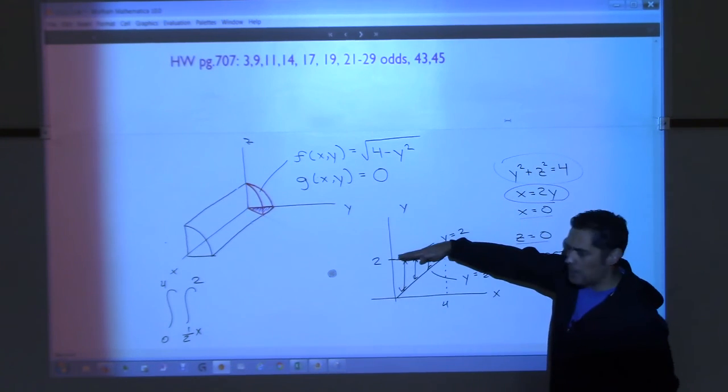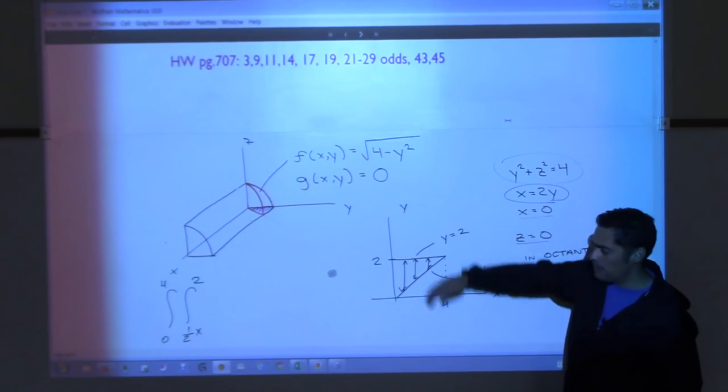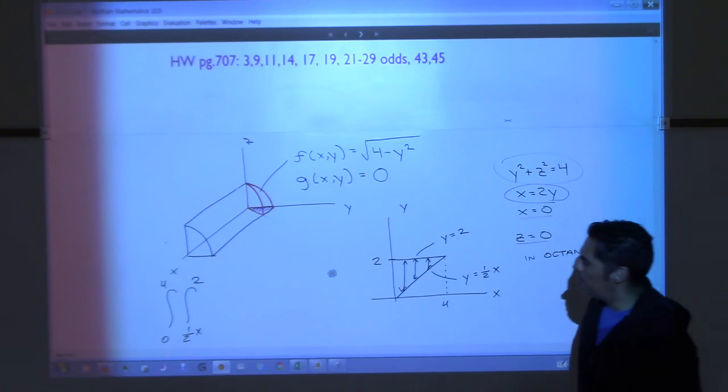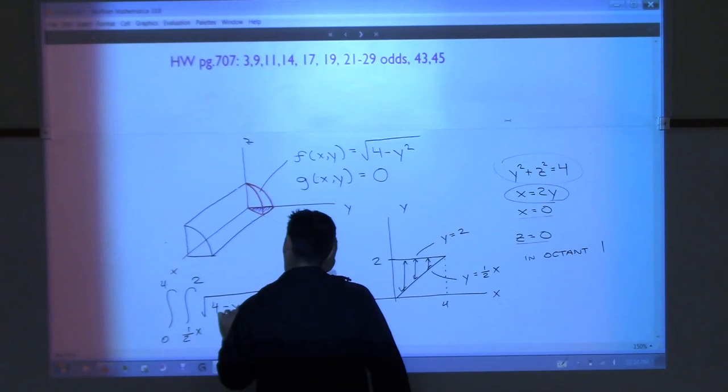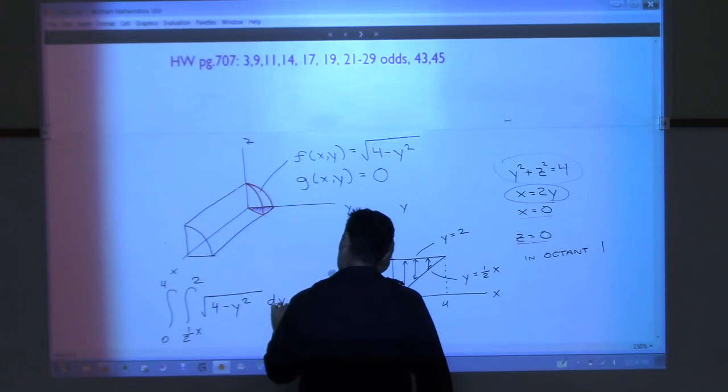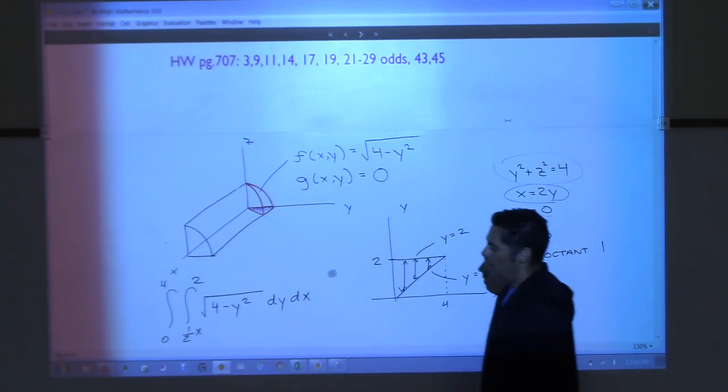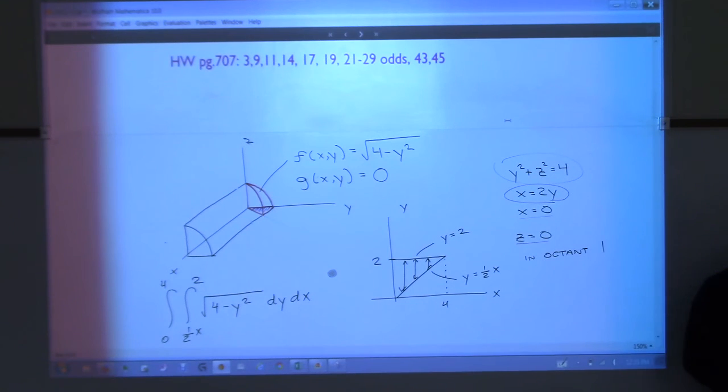It's always stuck between 1/2 x and 2. And then our function we're integrating, square root of 4 minus y squared, dy dx. And then you're off to the races. To integrate that, you either use a formula in the back of the book or good old trigonometric substitution. Trig sub, Cal 2.